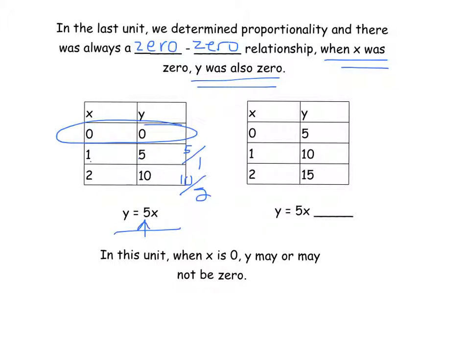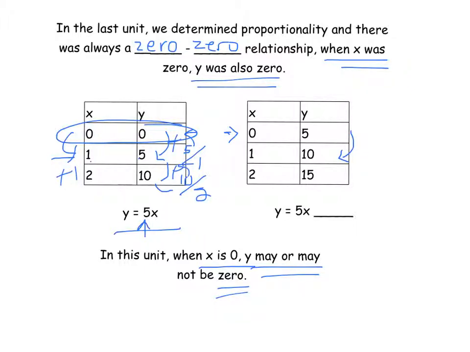In this relationship, when x is 0, y may or may not be 0. So for example, here, when x is 0, y is not 0. We can still see that y change over the x change. When y is going up 5, x is going up 1.